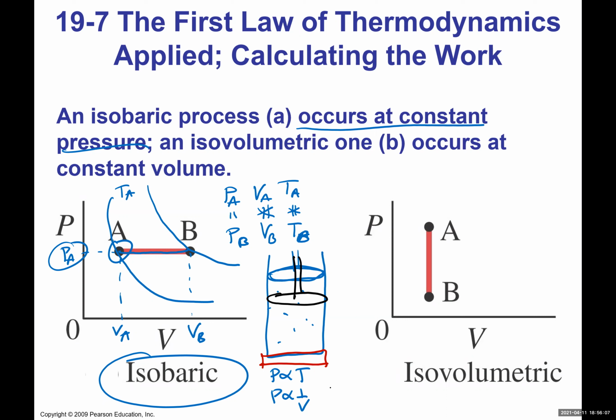I can see my volume goes down, which then increases pressure, because now there is a smaller area for those molecules to collide and things like that. So pressure increases. But what I'm going to put here is a cold reservoir, which then removes energy. Well, if it removes energy, that means I'm removing heat.